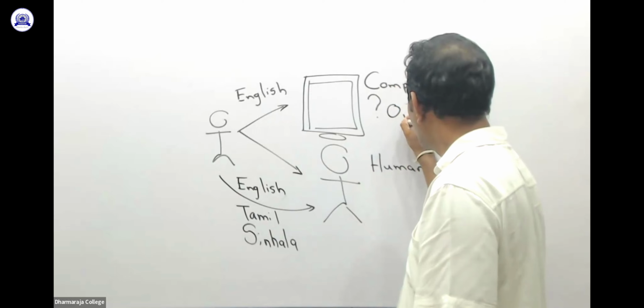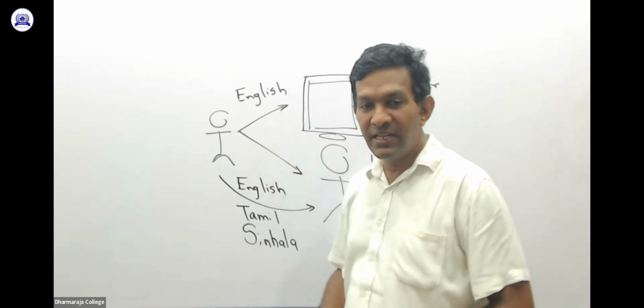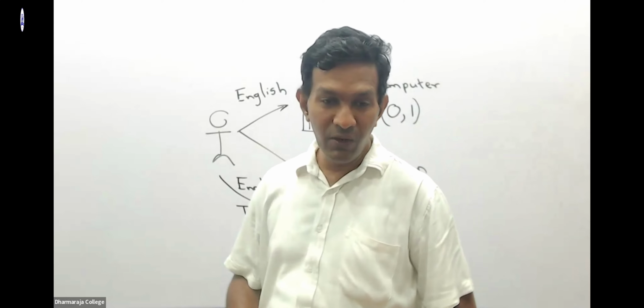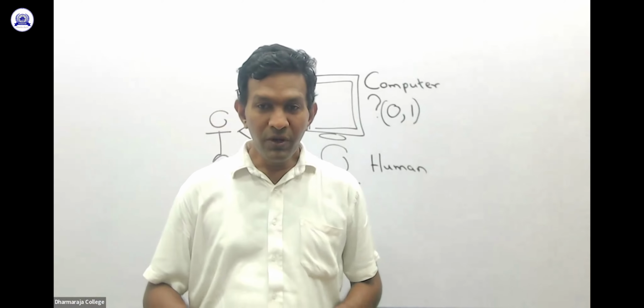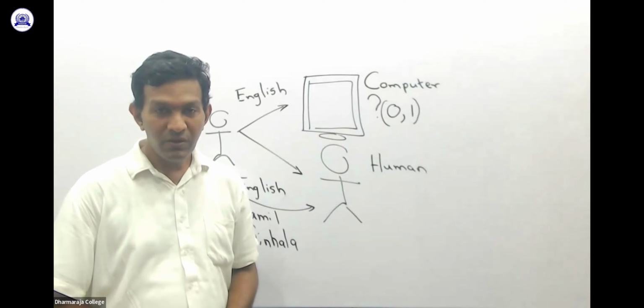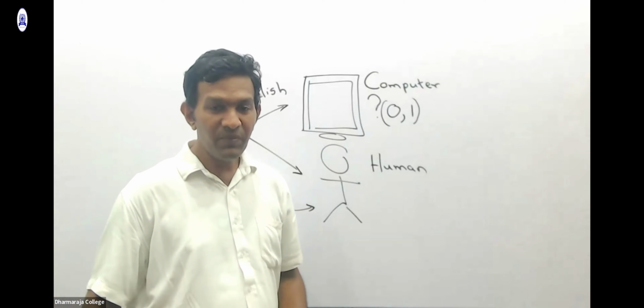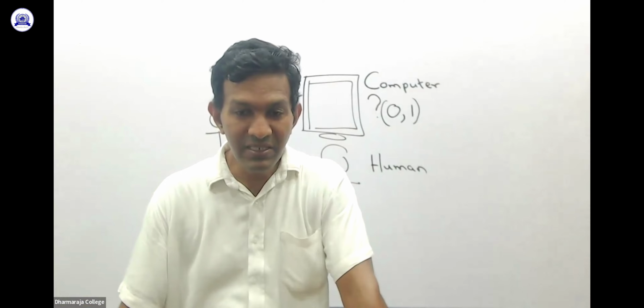He can understand only ones and zeros. So they can understand only ones and zeros in the computer system. To represent these things, we need a system for representing these numbers. So that's what we are going to see in this chapter number 1, number system.